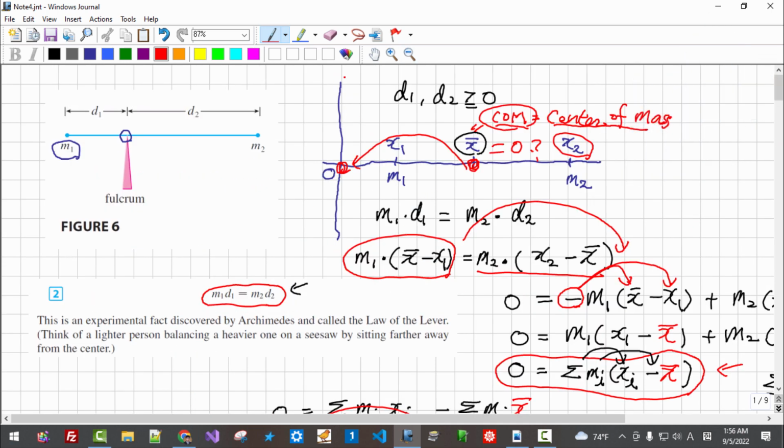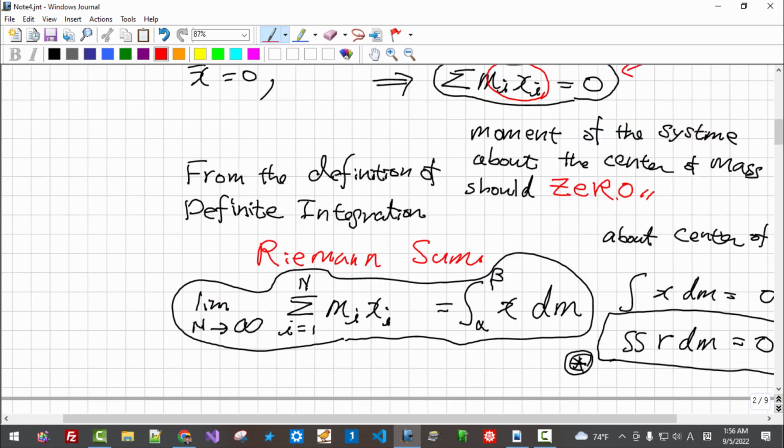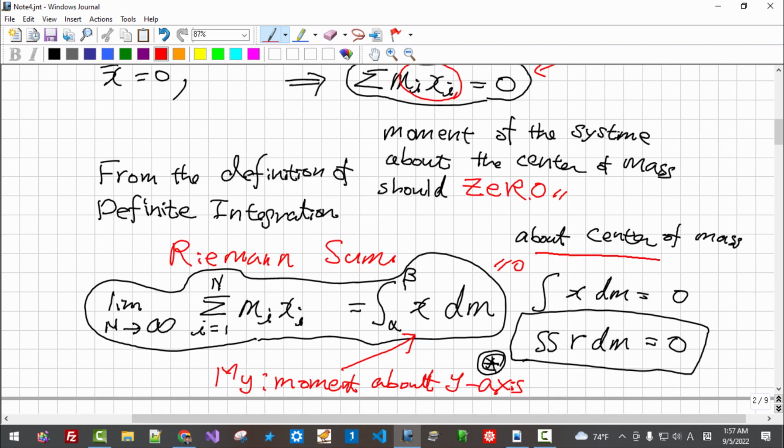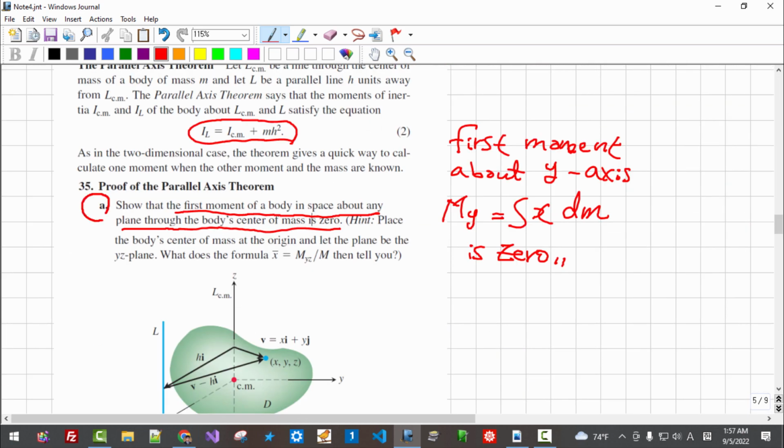In this diagram, this is the y-axis. This represents My, moment about the y-axis. So this is 0, about the center of mass. We just proved this part. Show that the first moment of a body in space about any plane through the body's center of mass is 0. We proved it.